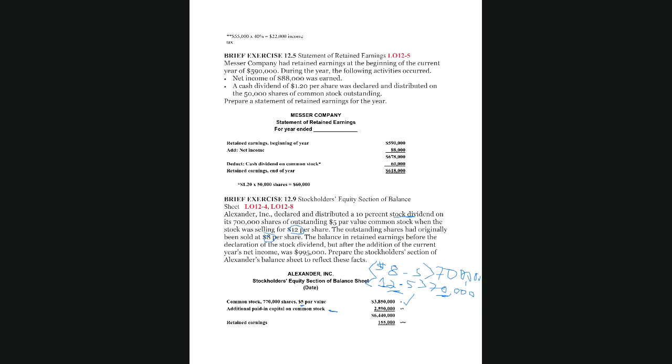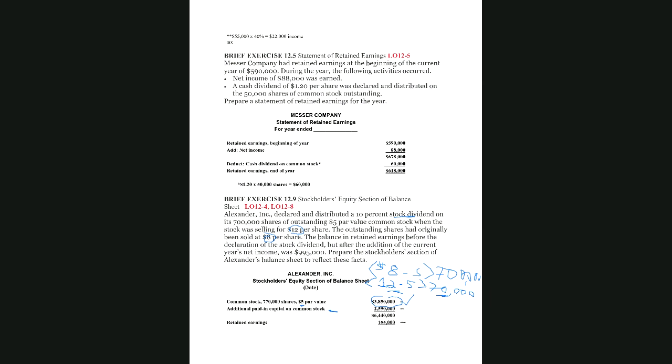Remember, the $5 times the 700,000 shares, and the $5 par times the 70,000 shares from the stock dividend, that's already included here in the $3,850,000. So now, remember, don't get confused. Go back to your 101 information.